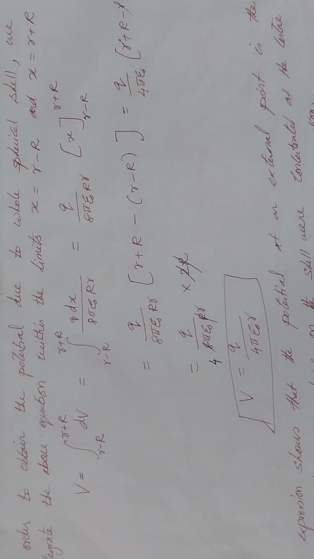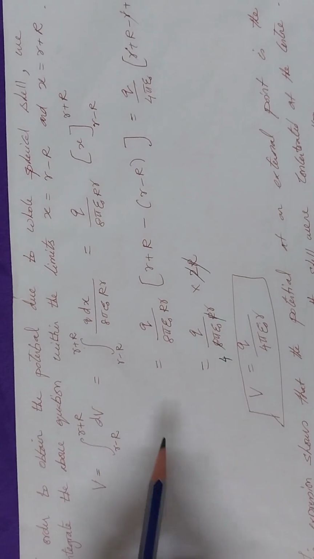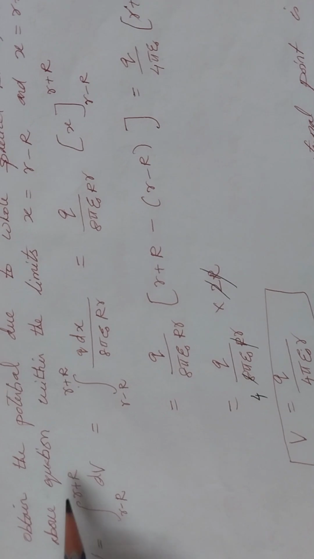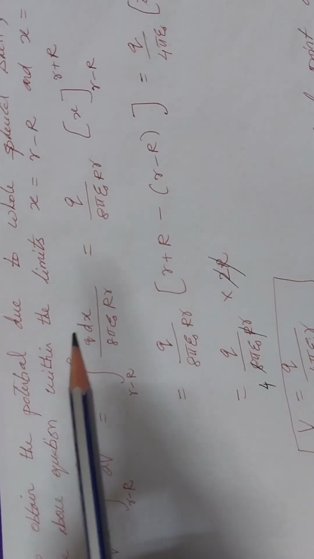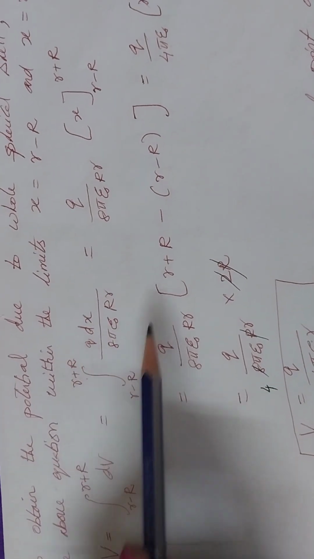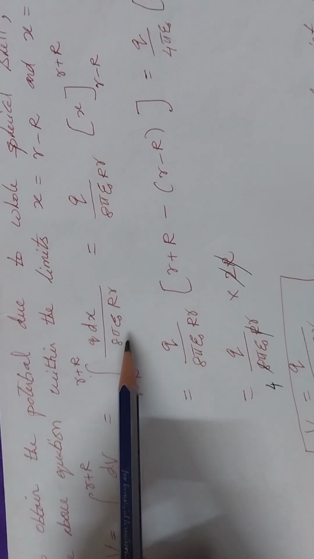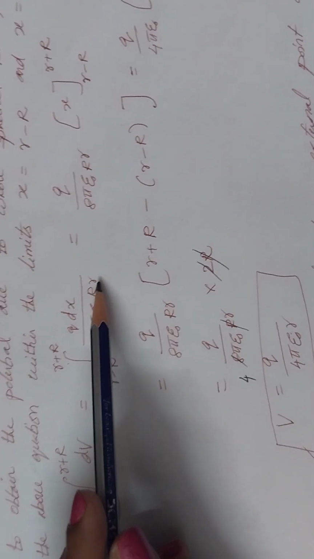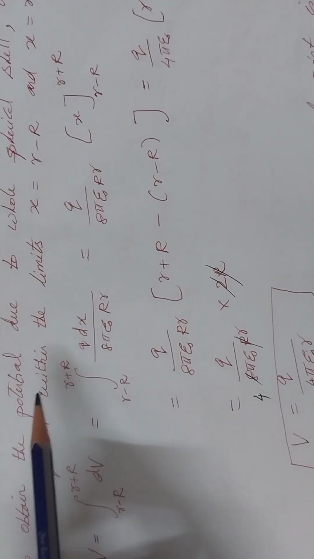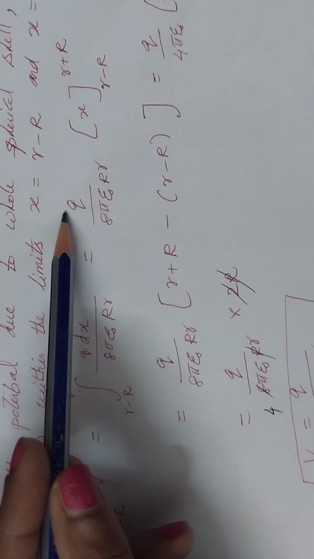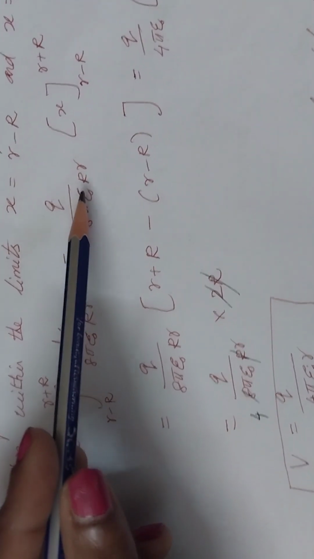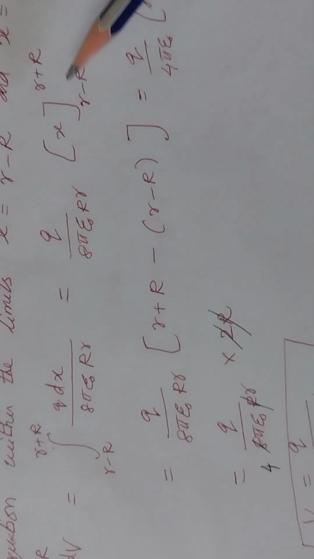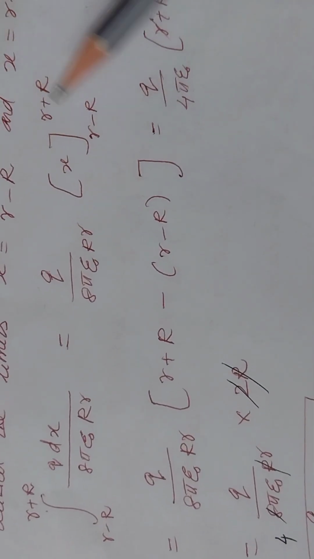After finding the potential, we integrate over the limits R minus r and R plus r. The constant q divided by 8 pi epsilon naught R r we can take out, and we just integrate dx.